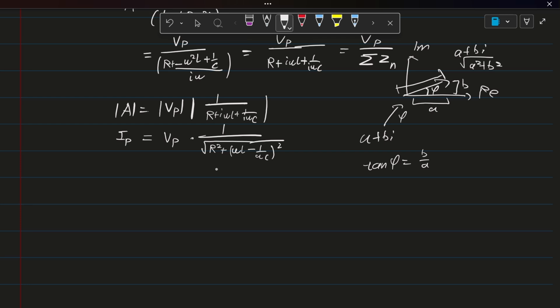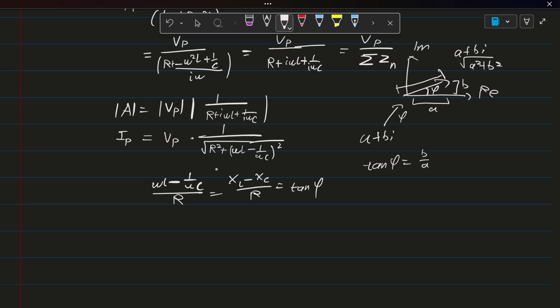So the value in here will be omega L minus 1 over omega C, divided by the resistance, or XL minus XC over R. And this is the tangent of phi. So you could figure out the phi thanks to the imaginary plane.